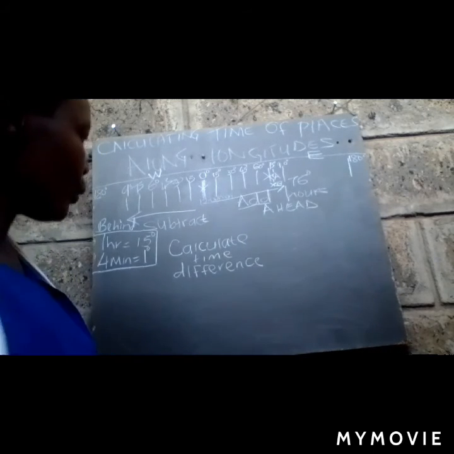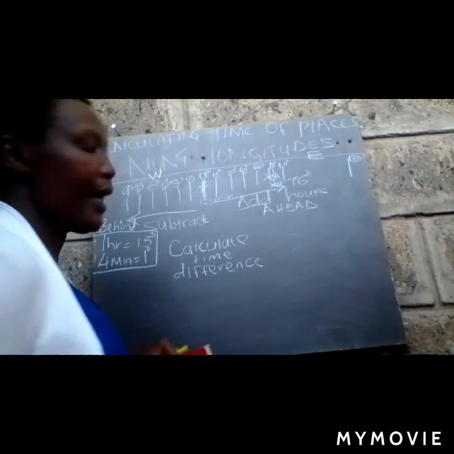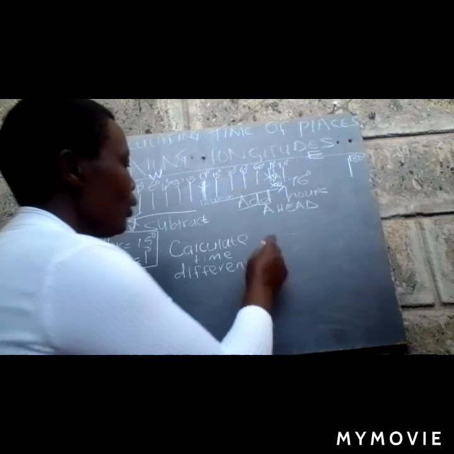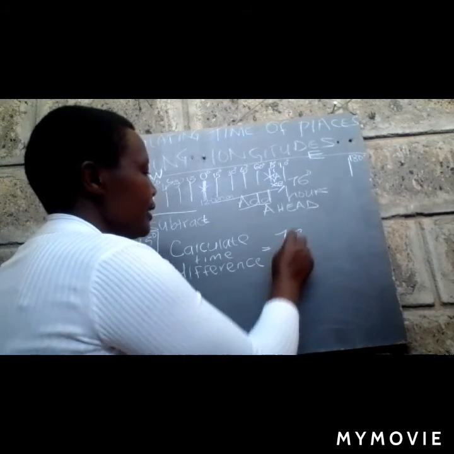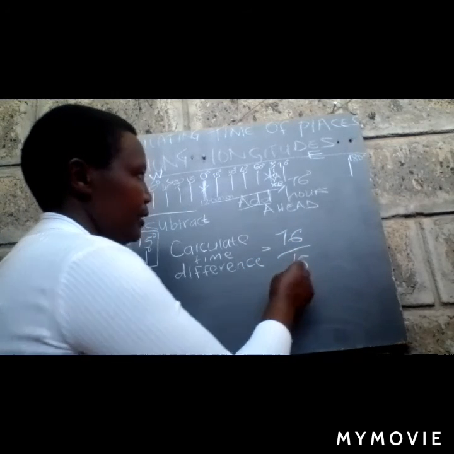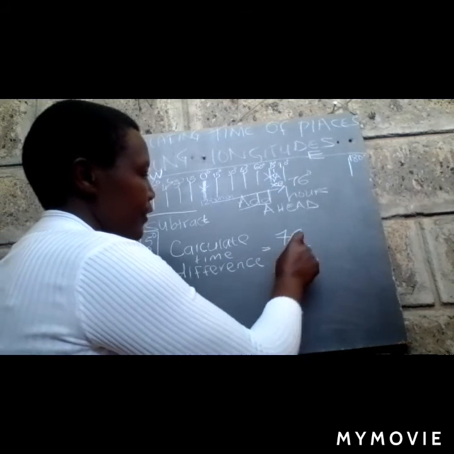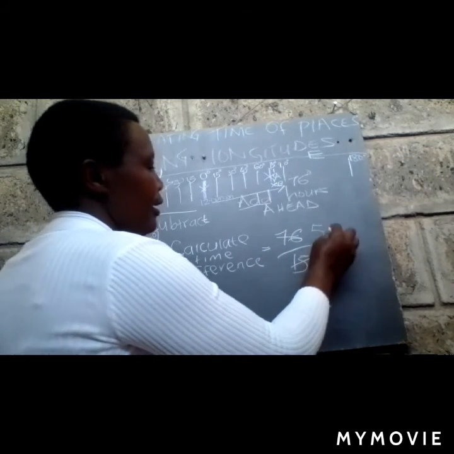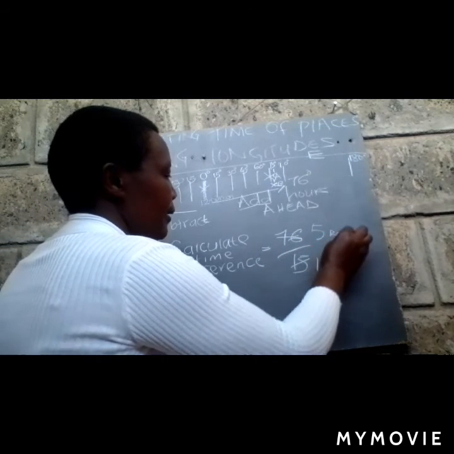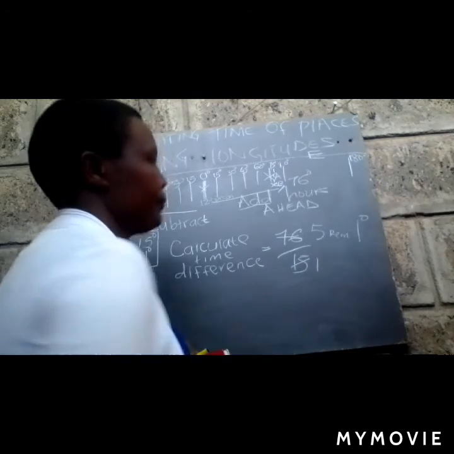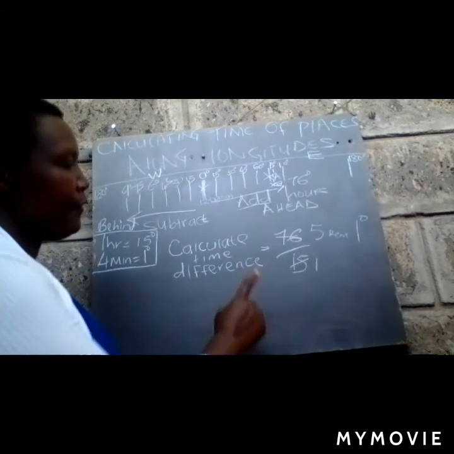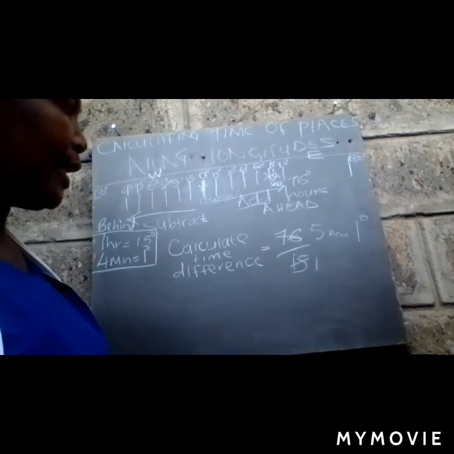What we do is calculate the time difference, which will be 76 divided by 15. So 15 into 76 is 5, remainder 1 degree.